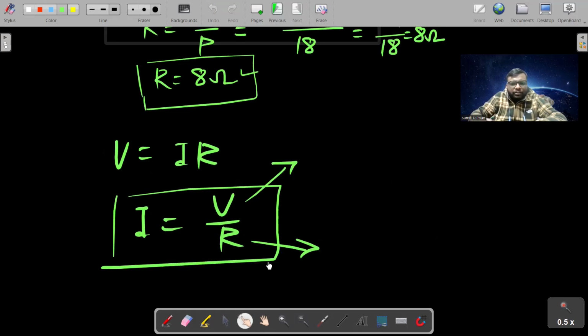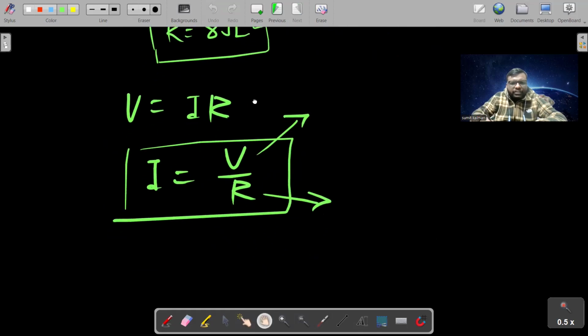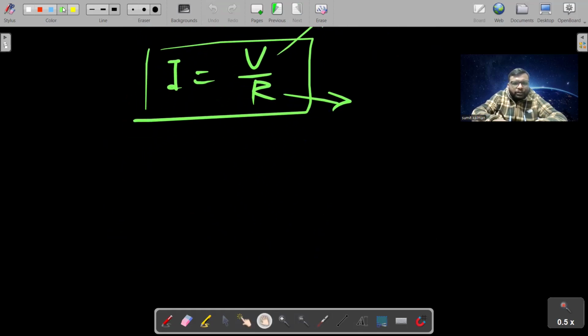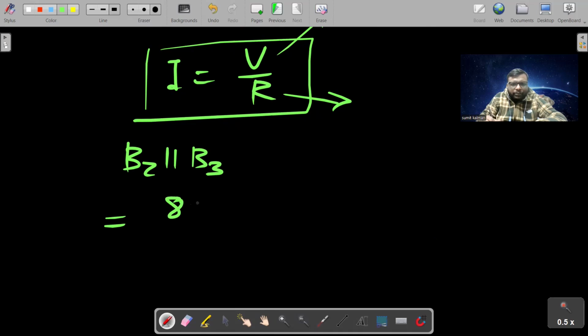So students, the resistance of each bulb is 8 ohm, and here B2 is parallel with B3. So we will first calculate the equivalent resistance of B2 and B3, which is in parallel combination. It will become 8 into 8 upon 8 plus 8.